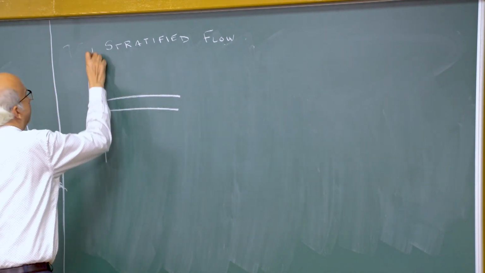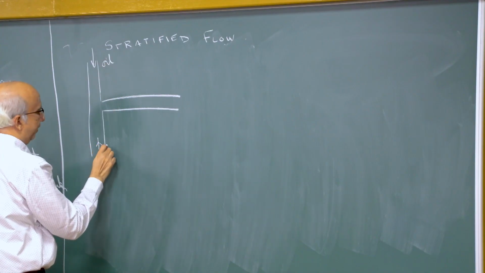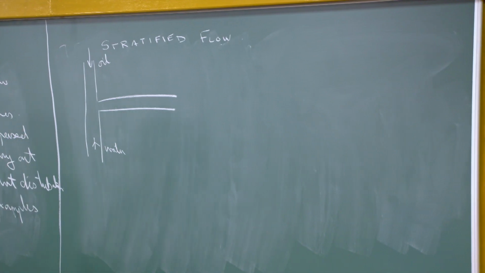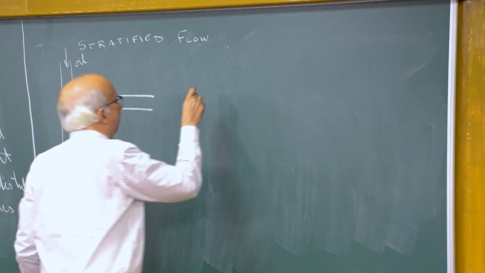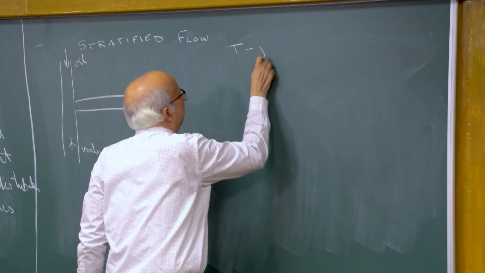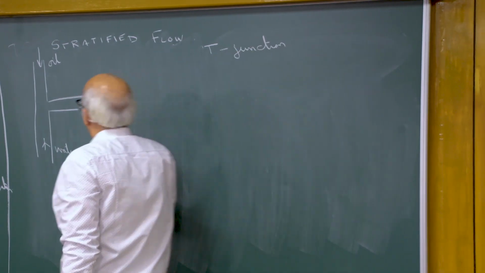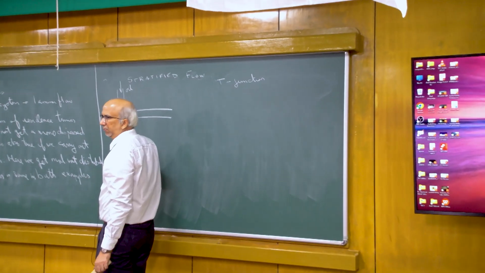So, you have oil, and let us say you have water coming in here, they are being pumped. This is a T shaped channel, it looks like a T which is rotated. So, this is a T junction, oil is being pumped, there is another pump which is pumping in water.